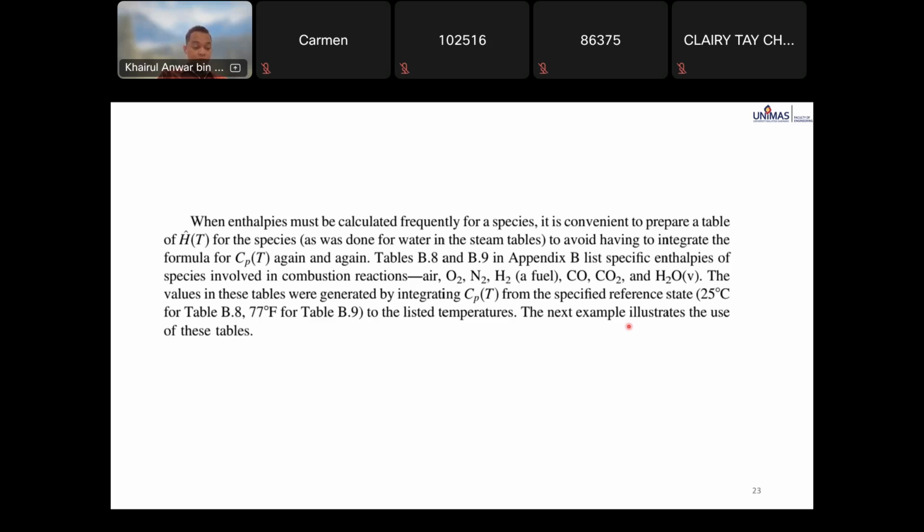The values in these tables are generated by integrating Cp(T) from a specified reference state. Table B8 and B9.